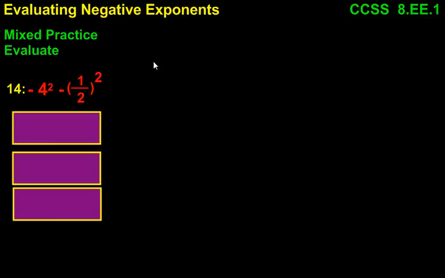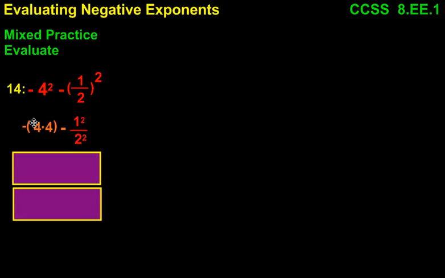Lastly, we'll take a look at 14. This is mixed practice. You're just asked to evaluate. And we have negative 4 to the 2nd power minus 1/2 in parentheses to the 2nd power. So the first thing we want to do is put 4 times 4 with the negative on the outside.